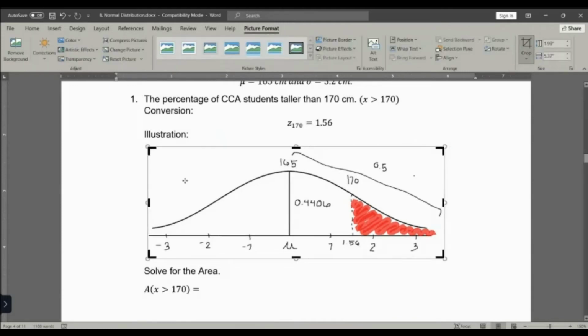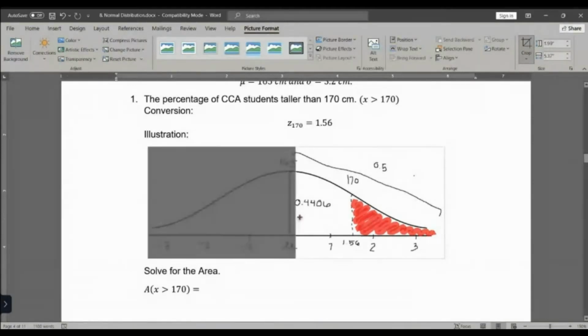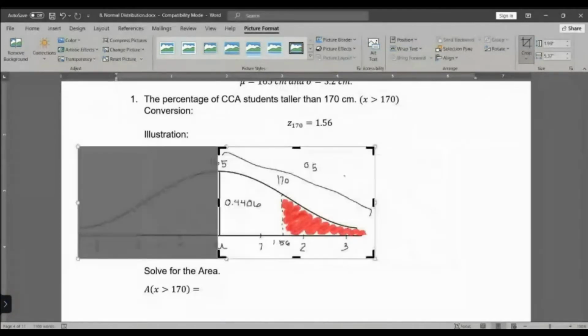Kumbaga, pwede na nating i-set aside yung kalahati. Ayan, kahit ganyan na muna. And we know that this is 0.5 and we already know that from the half of the distribution up to 170 is 0.4406. What we aim to solve is just this portion.